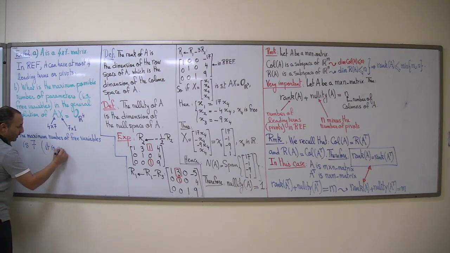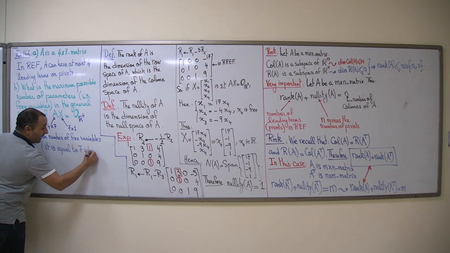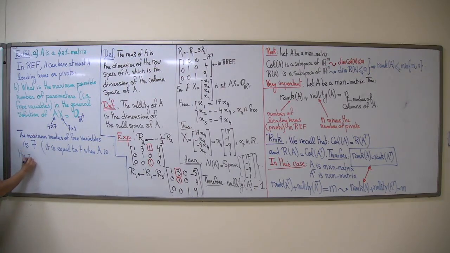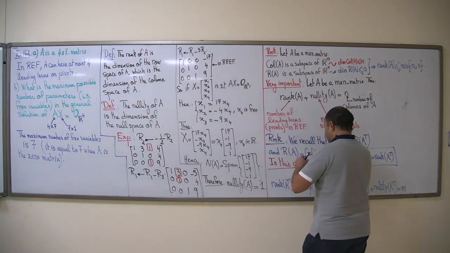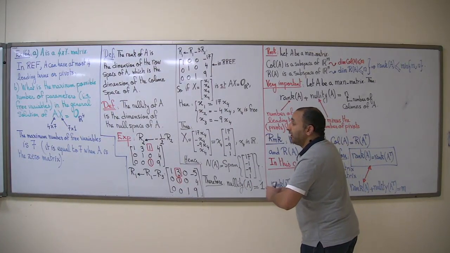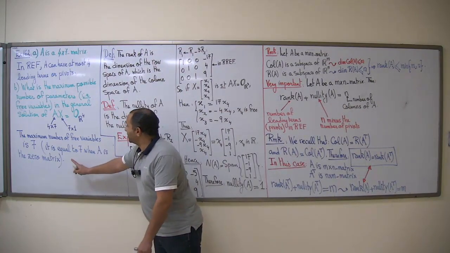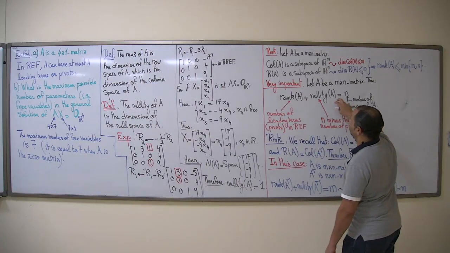It is equal to 7 when A is the 0 matrix. Okay. Now let me put a remark here, and I'm going to connect this exercise to this one here.